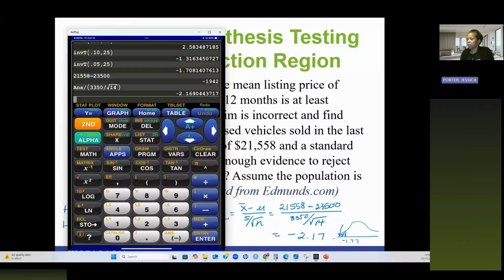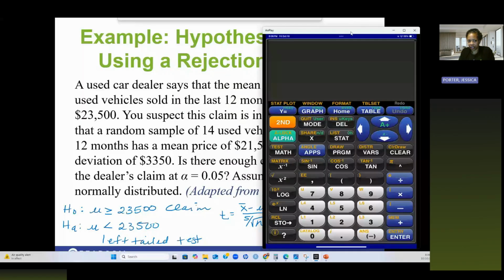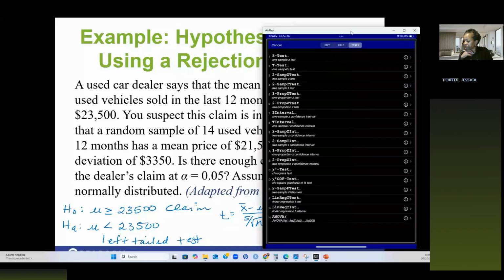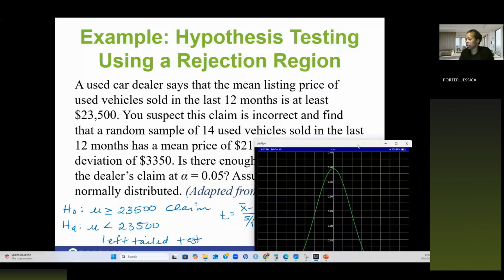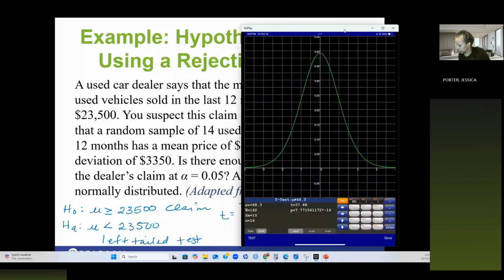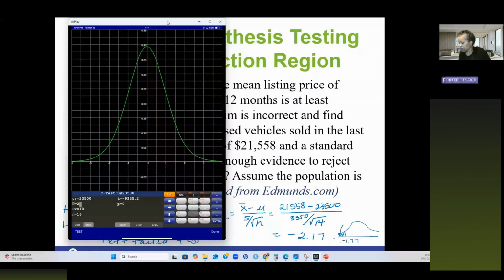All right. So in the TI-84 calculator, we're on t-test now. So stat, tests, and this time you're on t-test. Let's get our information from the problem, 23,500. X bar was 21,558.